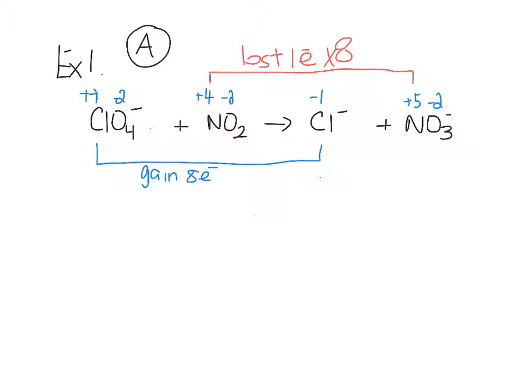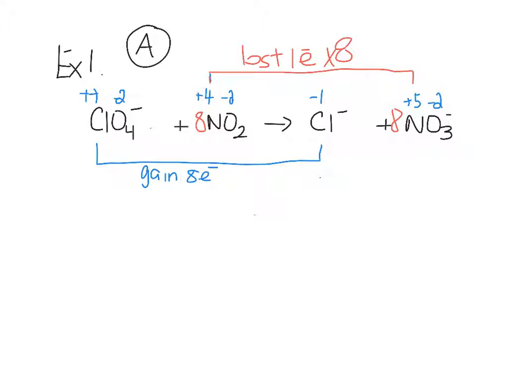And then what you do is you take that number and you put that number in front of the nitrogens. So whatever number you multiplied by, that is the coefficient.